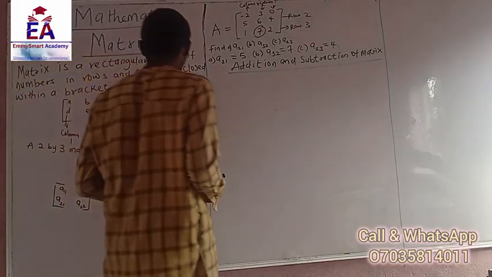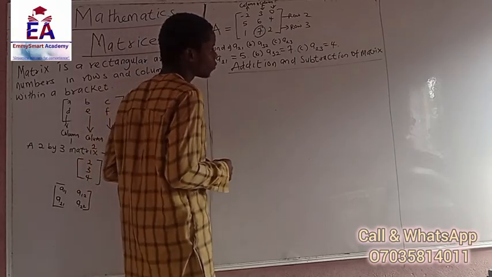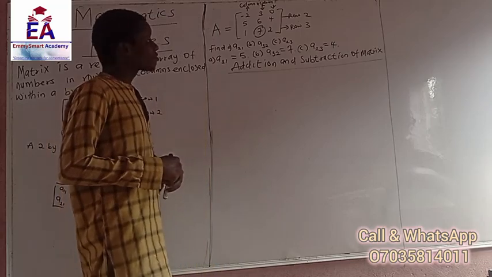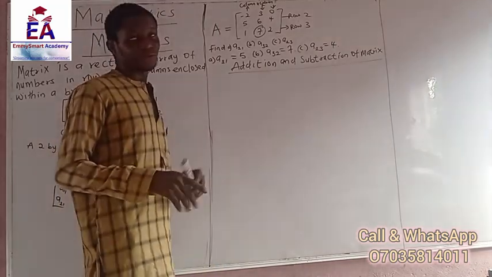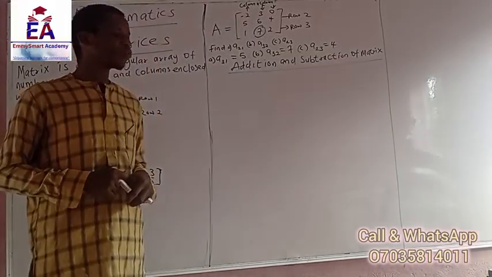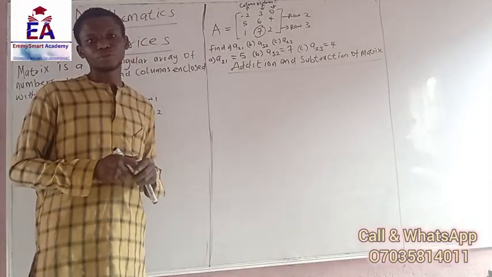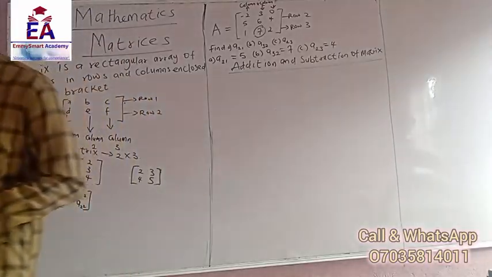The two matrices must have the same number of rows and columns if you want to add them. If I want to put two matrices together, they must have an equal number of rows and columns. If they don't, then it becomes a big problem to add them. Okay.